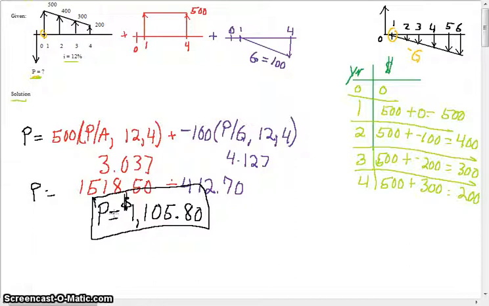So there's an extra step in there if you have to find that. So even with this case, we could have found P or we could have found an F. We would now have to take this P and move it to an F using the single payment method, which is easy enough. Okay, so that's how negative gradients work.